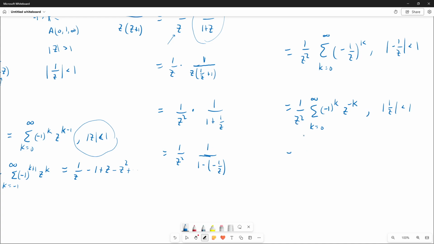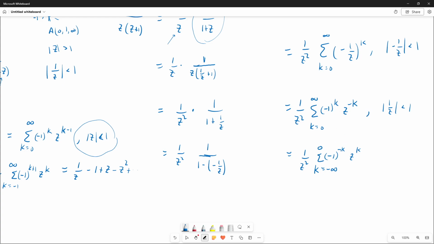And let's see if we can write this using negative values for the variable k. So we have 1 over z squared, summation k equals -infinity to 0, -1 to the -k, z to the k. I just replaced k with -k so that all of these k values in the summation become negative.